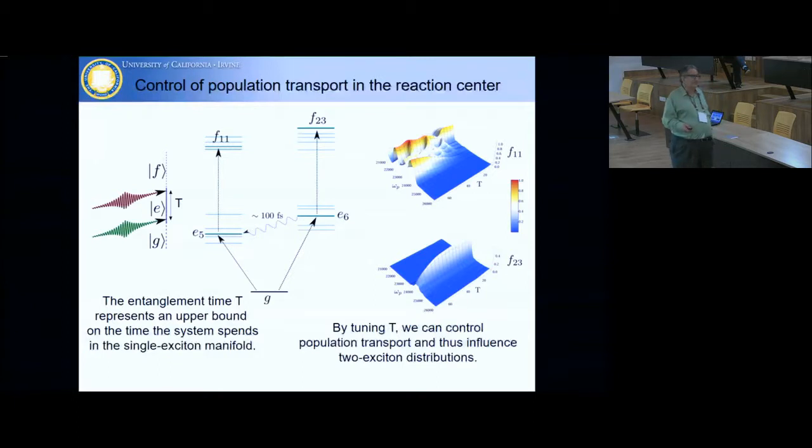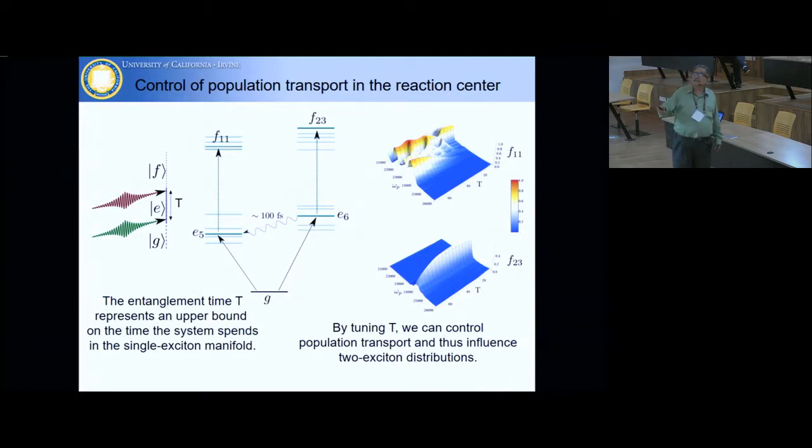So this is the physics that can occur in this particular scheme. Now, what happens if you use classical light? When you go to this manifold here, you get relaxation, and the states get scrambled, and it's going to affect the distribution. So basically, when I use classical light, you get this relaxation occurring, and then you will basically get F11.